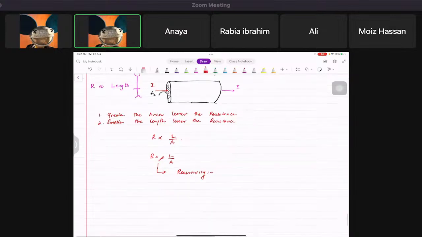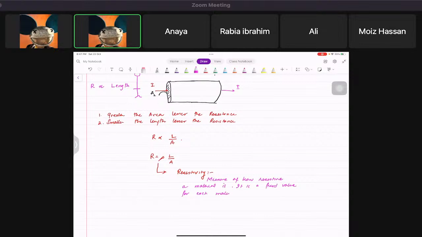Now resistivity is the measure of how resistive a material is, and it is a fixed value for each material.